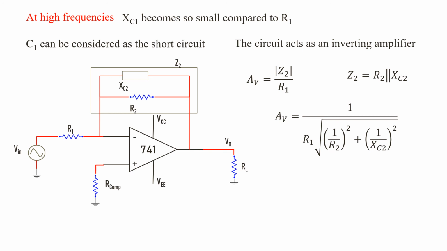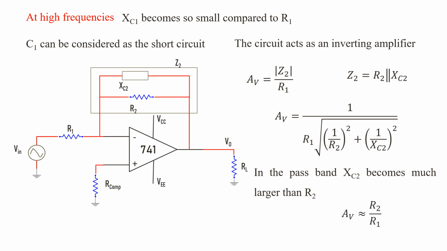Now at signal frequencies in the pass band, Xc2 becomes much larger than R2. Therefore, we are going to neglect the Xc2 term, and AV will be approximately equal to R2 by R1. In both cases, we have seen the voltage gain remains R2 divided by R1, which is the gain of the inverting amplifier.